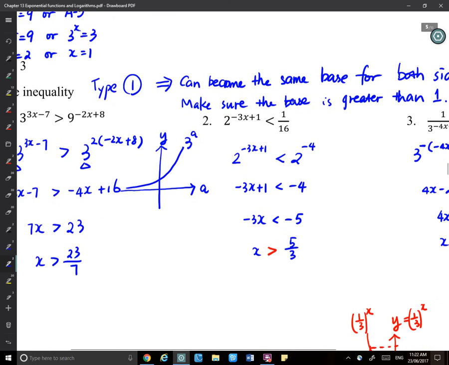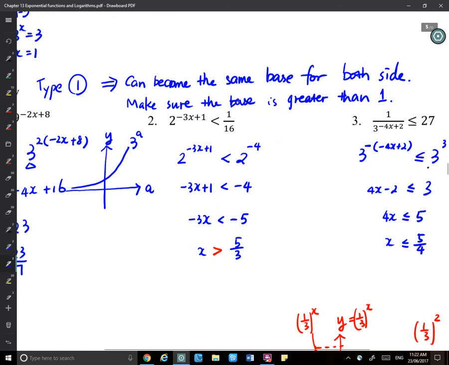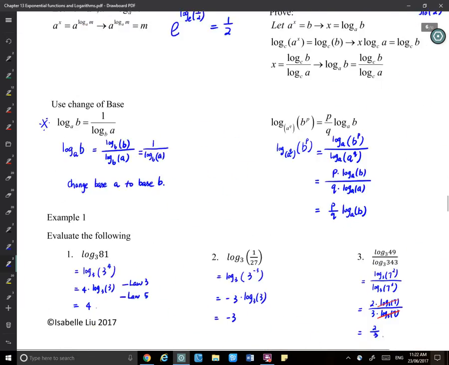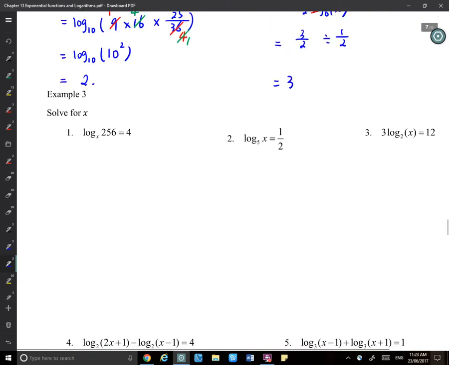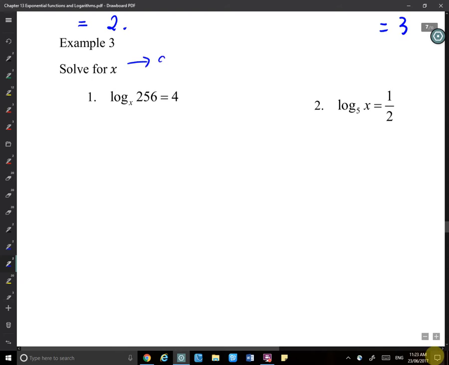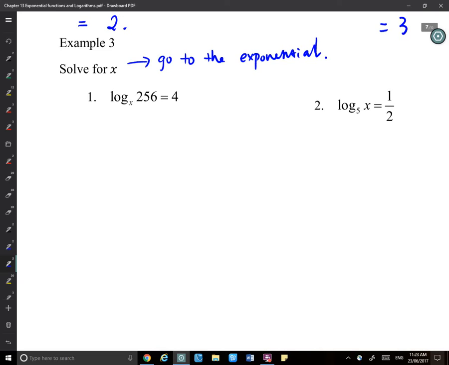To solve inequality, we only learned type 1 inequality, where we can make the same base on both sides and make sure the base is greater than 1, and then we can just compare the power. Then we learned log. We learned how to simplify logs, and now we learn how to solve for log. To solve log, we go back to exponential function.